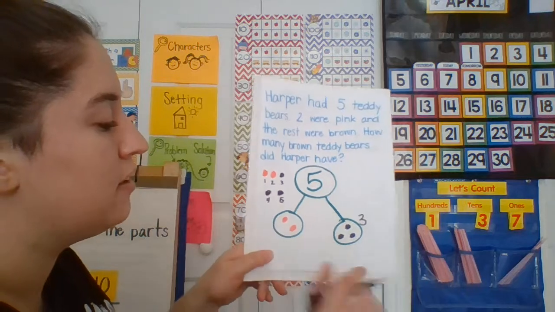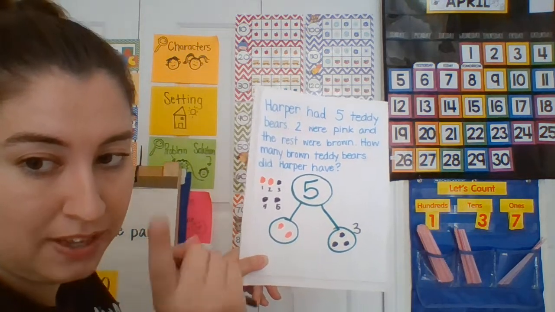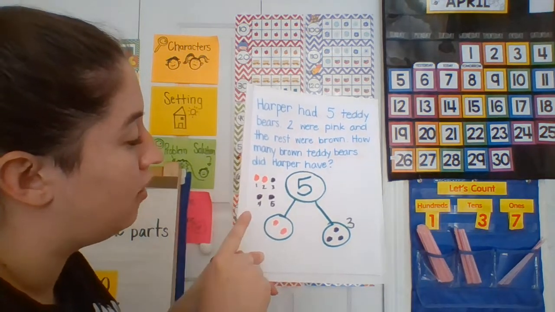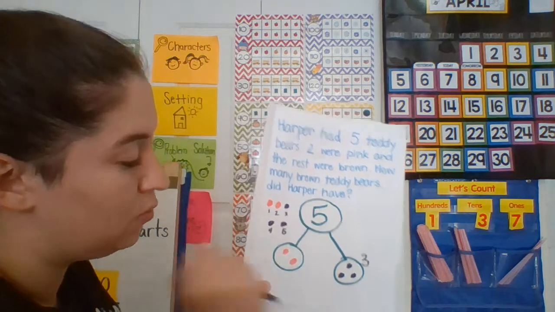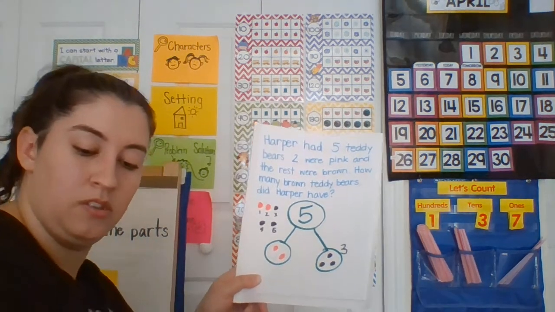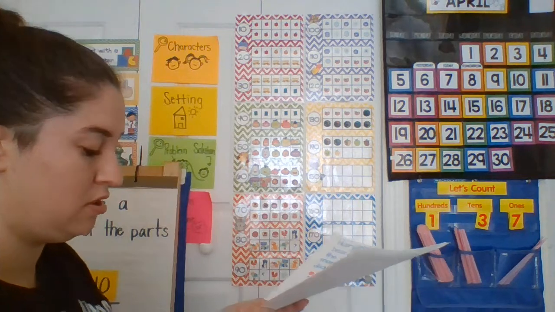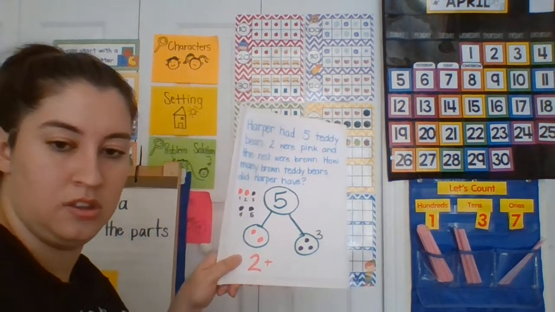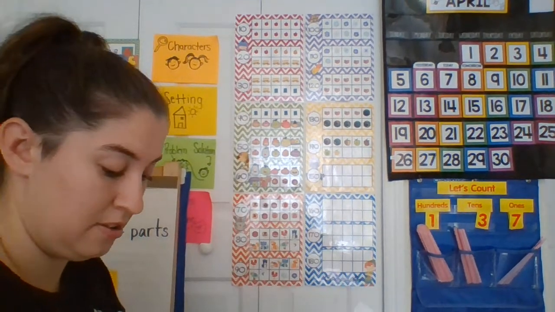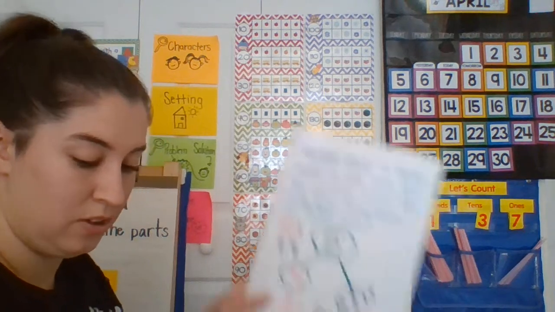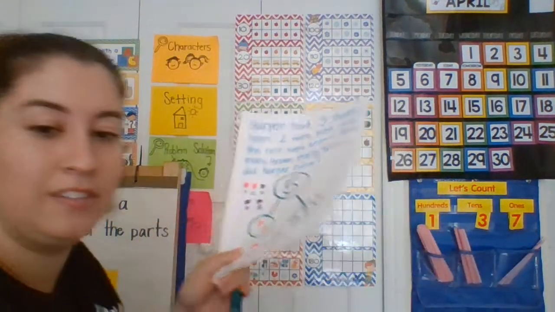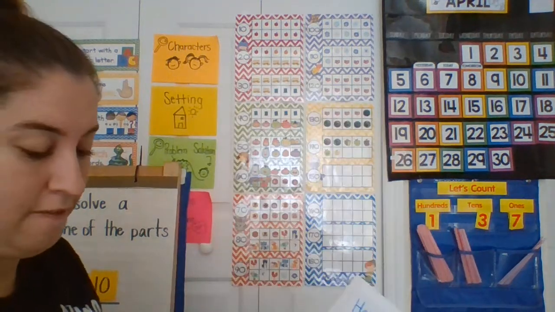Now let's come down here and let's write a number sentence because we've been working on those. So, what plus what equals 5? 2 plus 3 equaled 5.